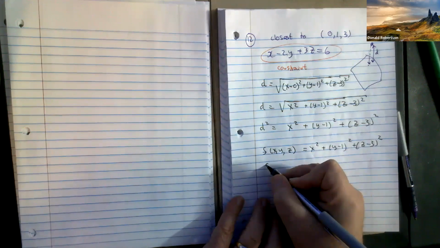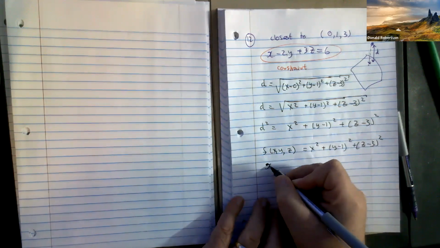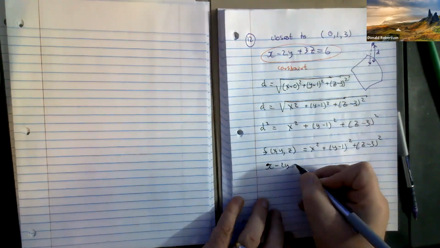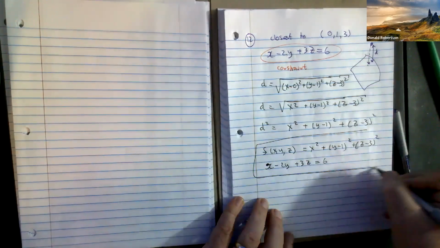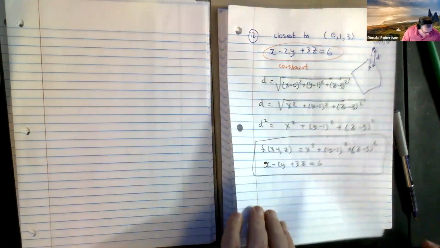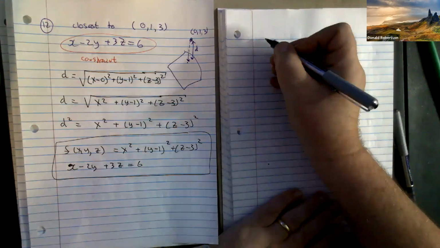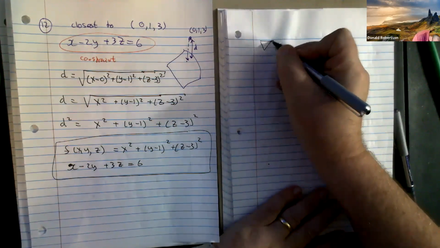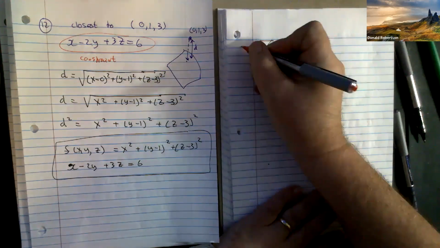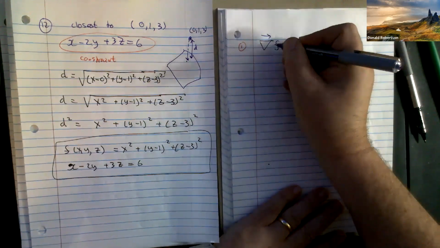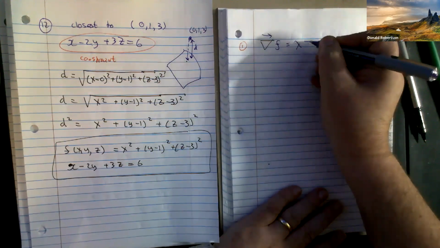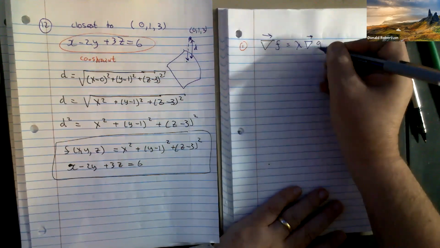And it needs to be subject to the constraint that x take away 2y plus 3z equals 6. So, right, now we're ready. Well, the first thing is step 1. Find the gradient of f, and it's going to be lambda times the gradient of g.